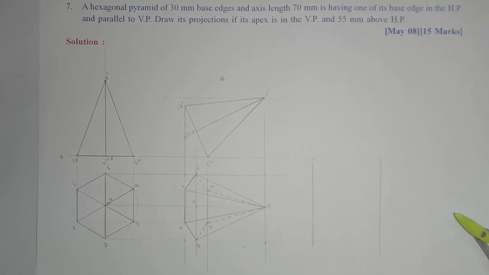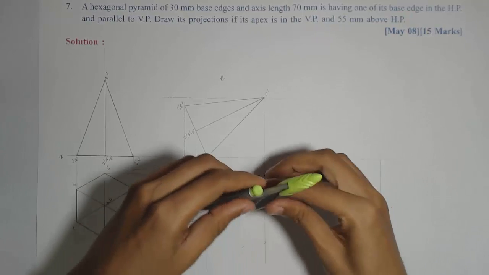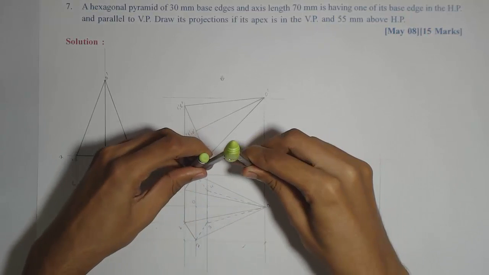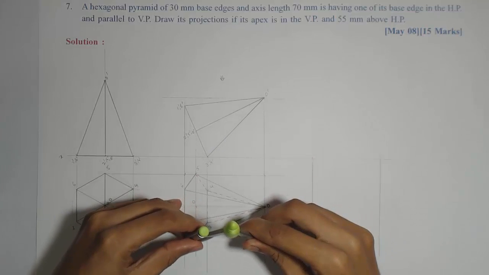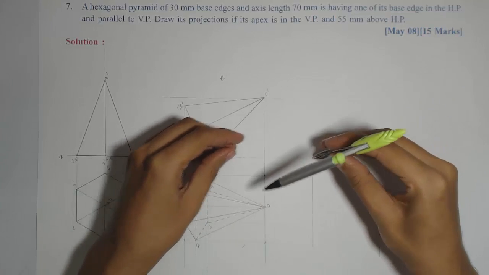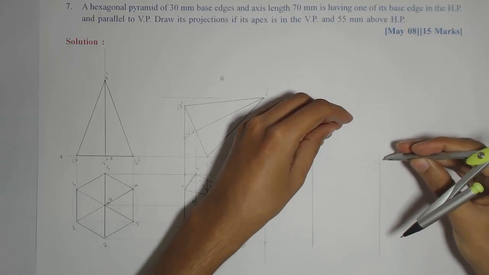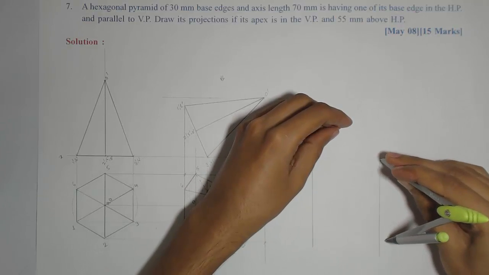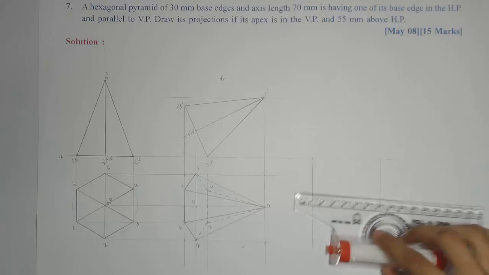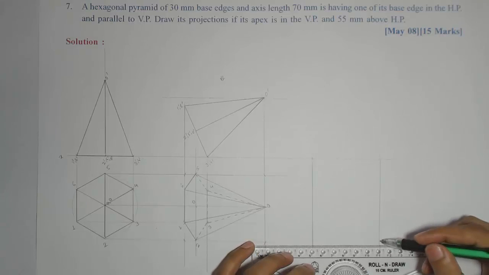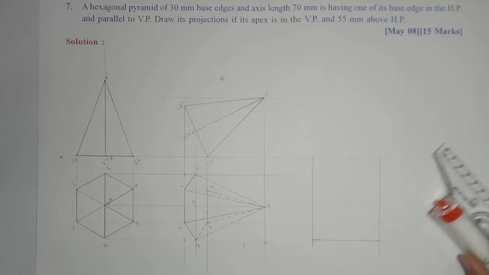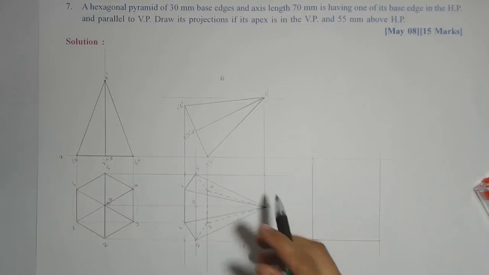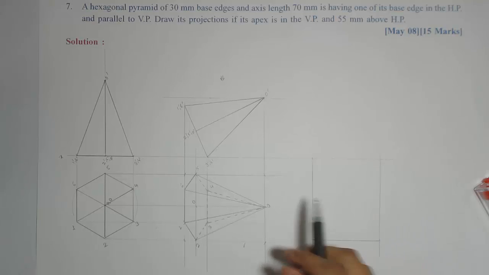Now on this we will mark this length of the rectangle, which will be the same as this length. So we are going to mark these two lengths. We will complete the rectangle.